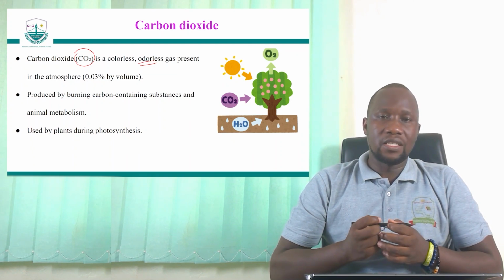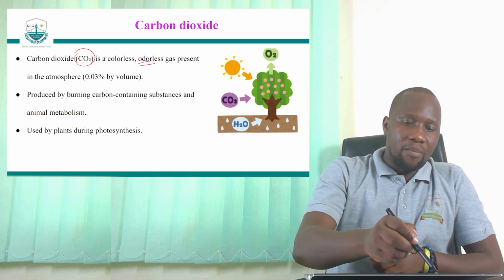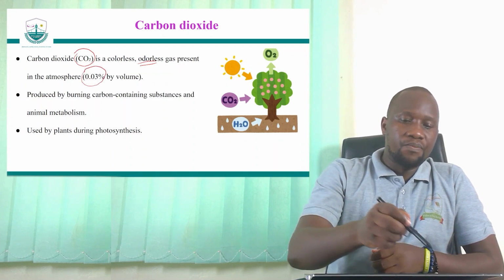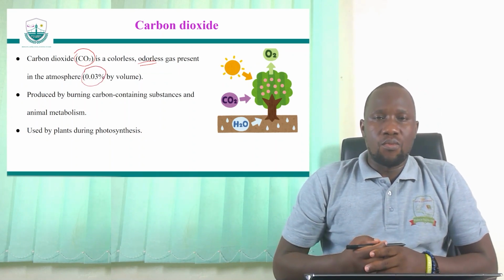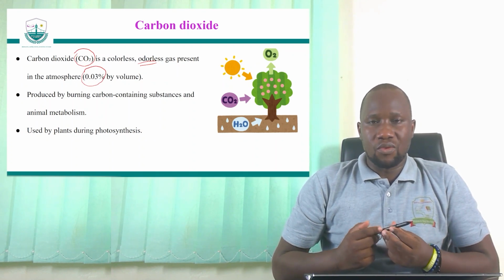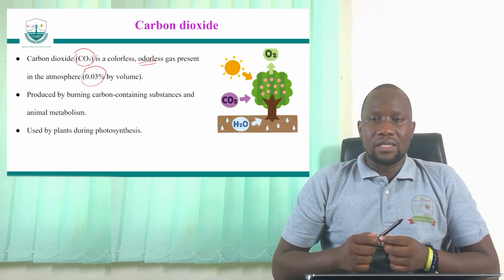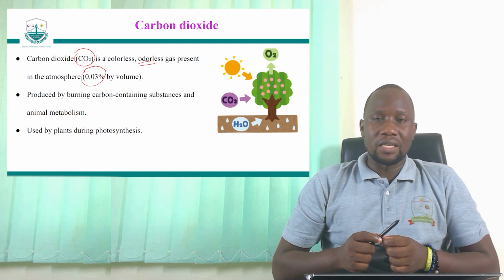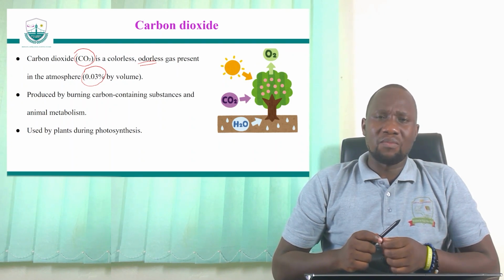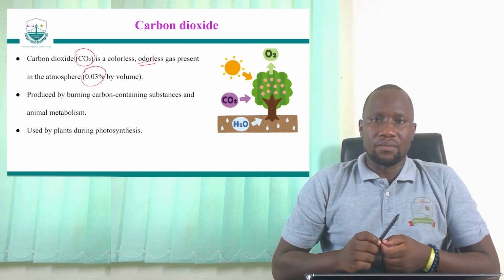It is present in the atmospheric air at a percentage of 0.03% by volume. Remember, the largest gas by composition in the atmospheric air is nitrogen.